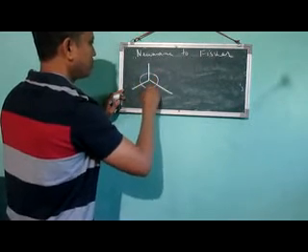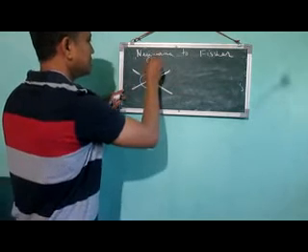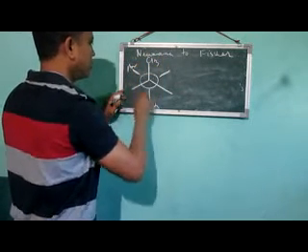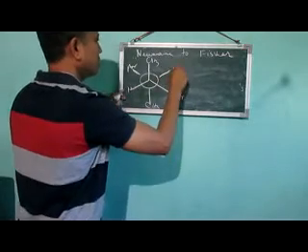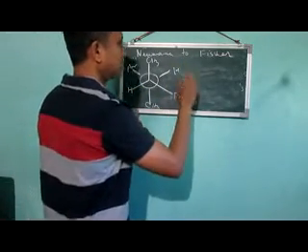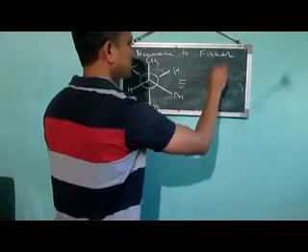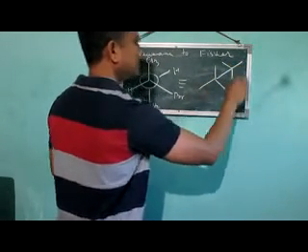Suppose we have a staggered structure. This is CH3, Br, hydrogen, and hydrogen. Now, if this is in this form, then it actually represents this structure in Sawhorse form.